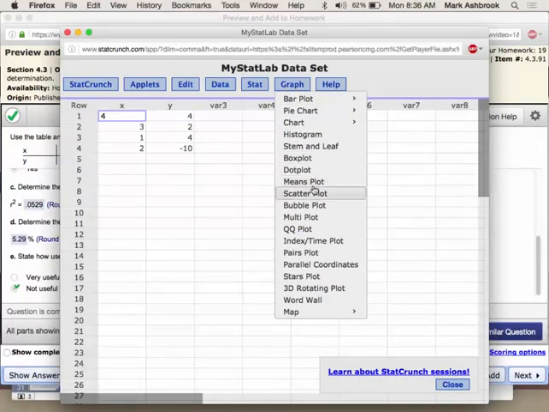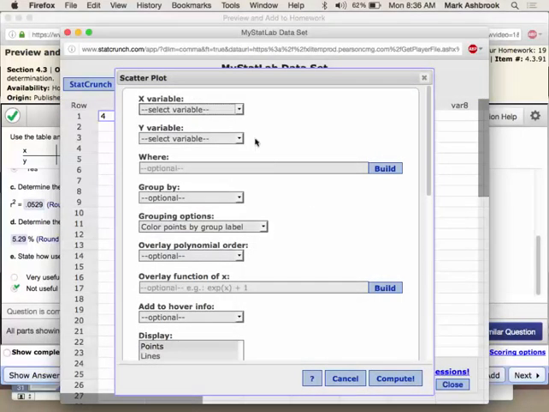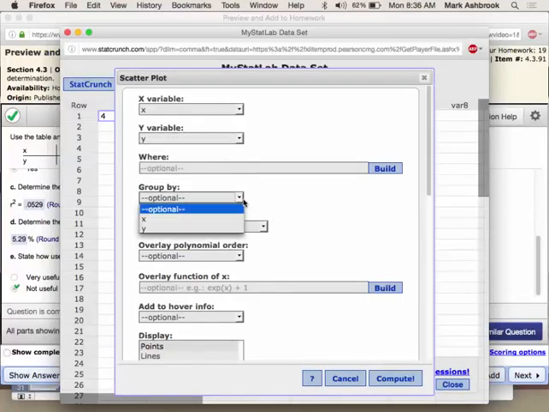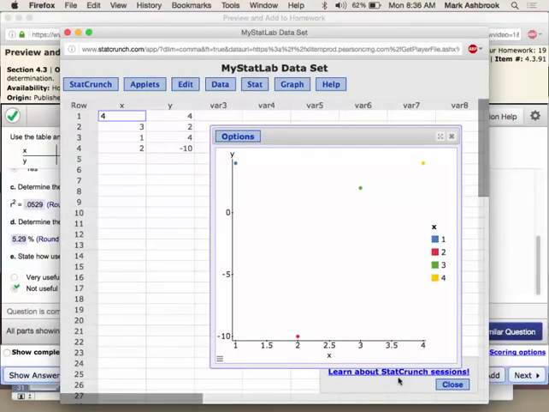Graph, scatter plot. X, Y. Okay. Here are the points. What do we have? 5% correlation coefficient, right? Point there, point there, point there, a point there.